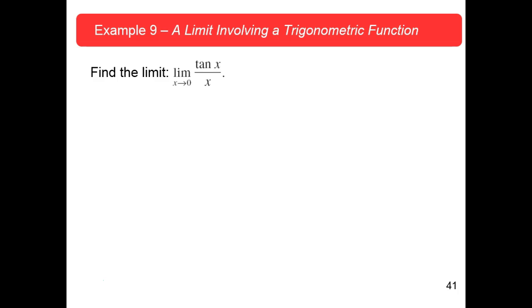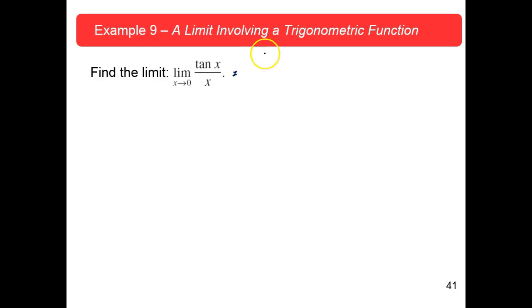So what might we try next? We have two things that we've talked about. Factoring and... Okay, let's try factoring. How does tangent factor? Oh, I got to talk with your trig teachers, okay?